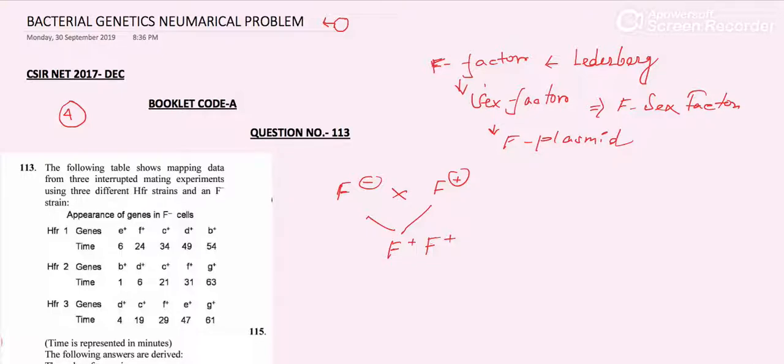Both are capable of transmitting the plasmid to another F minus cell during conjugation. The F plasmid belongs to the class of conjugative plasmids, which are also known as conjugative plasmids. We need this basic knowledge before we start the discussion.